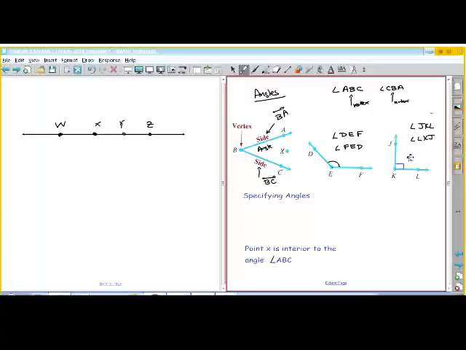So this angle is 90 degrees. If I drew a ray with the same orientation as this, you can see this angle is less than 90 degrees. And this one, compared to a 90 degree line, is more than 90 degrees.